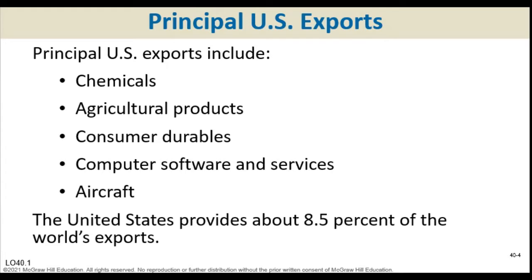Frequently, the US is referred to as the breadbasket of the world due to the US ability to produce crops such as wheat and corn. The US provides about 8.5% of the world's exports.